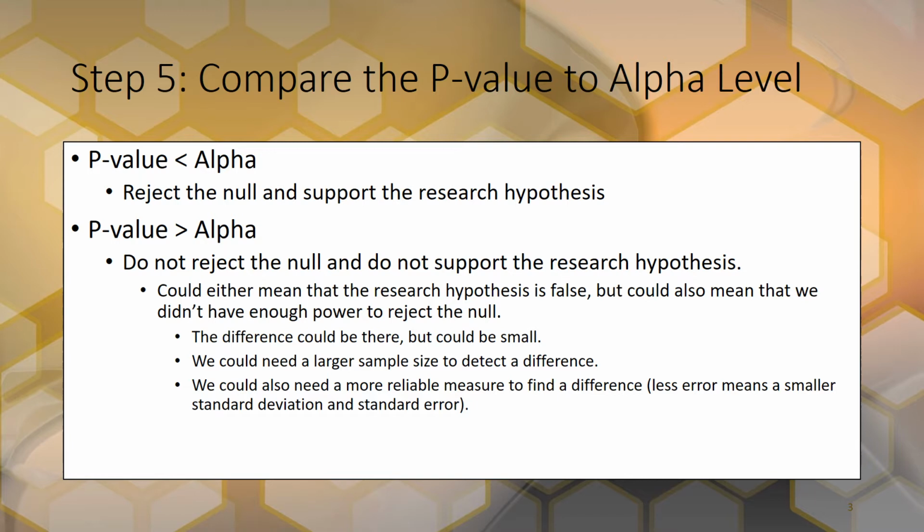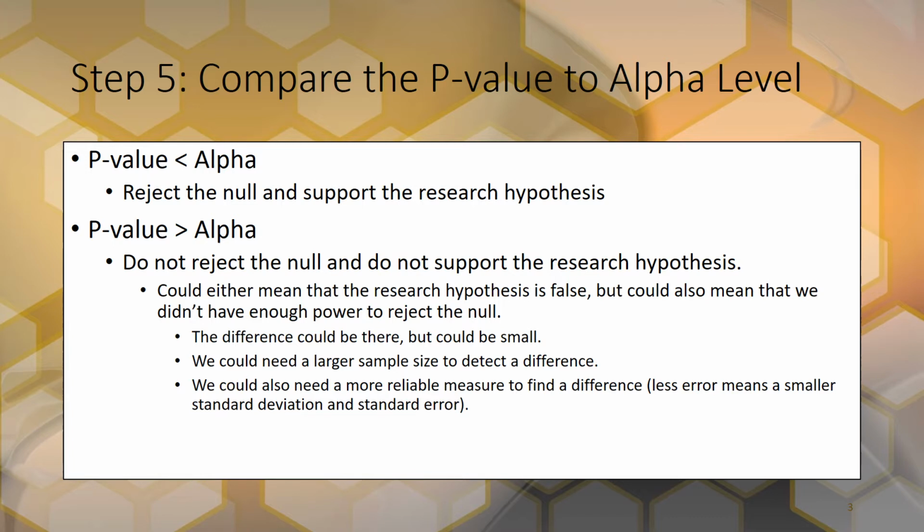But if we have a more reliable measure, then we're going to have a smaller standard deviation and a smaller standard error. And a smaller standard error means we're going to have a bigger t or z statistic, because remember, the standard error is in the bottom of the z or t formula. So a smaller denominator means a bigger t or z statistic.